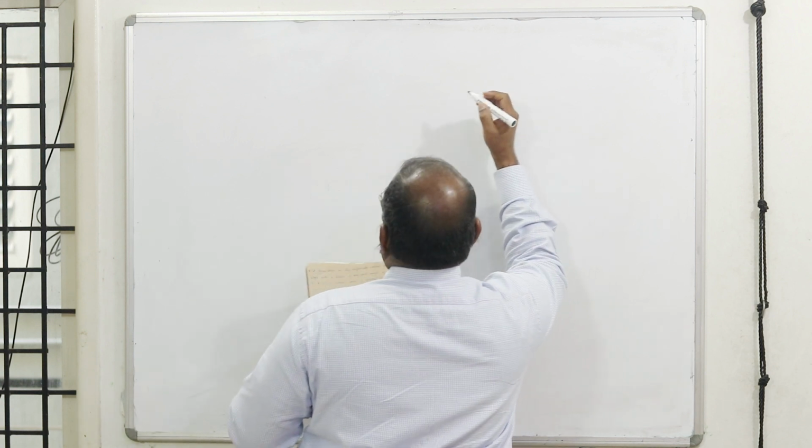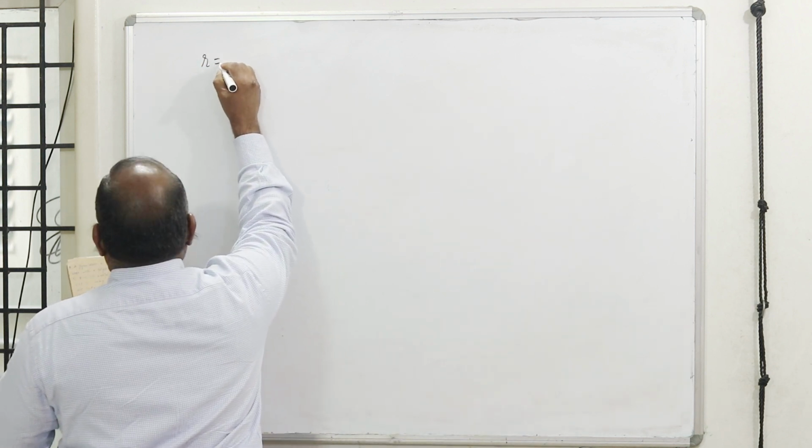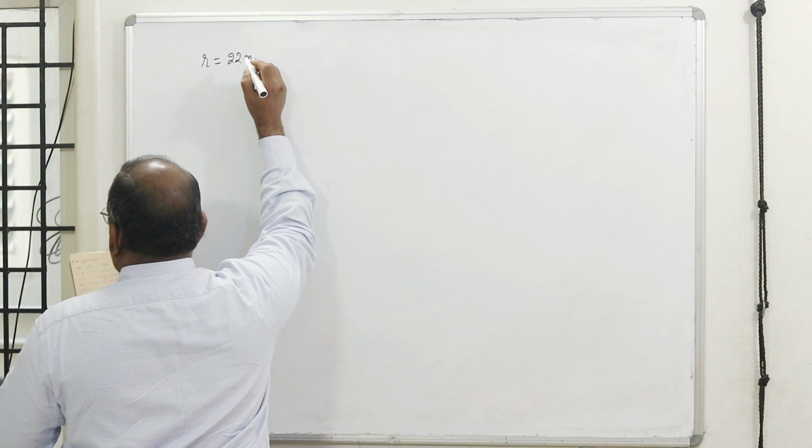The slip radius is r equal to 22 meters.